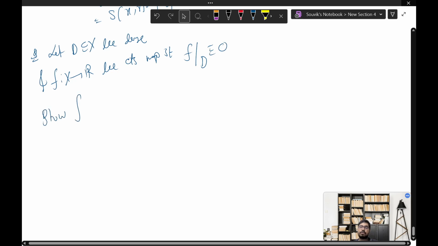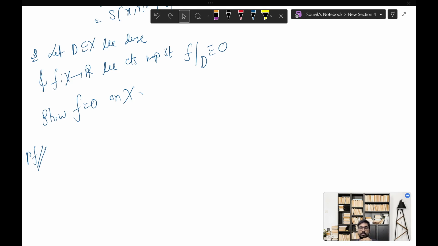Then show f is identically zero on all of X. So the question reads like that: D is a given dense set and f from X to R is a continuous map such that f restricted to D is equal to zero. We need to show f is zero.